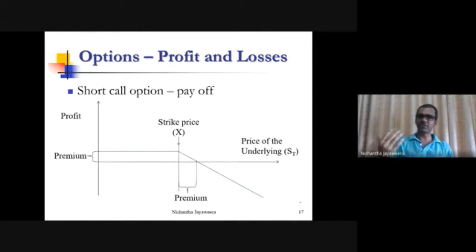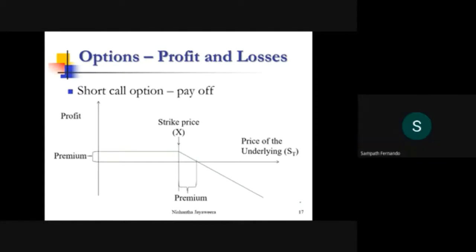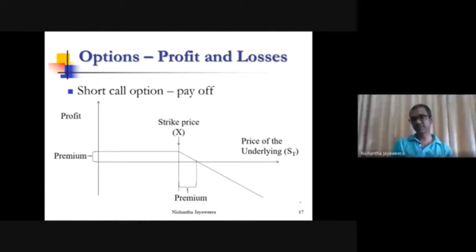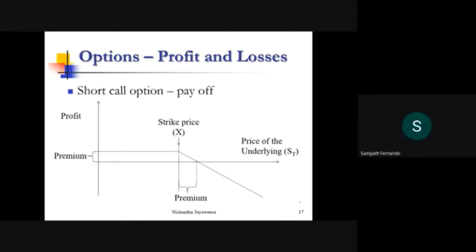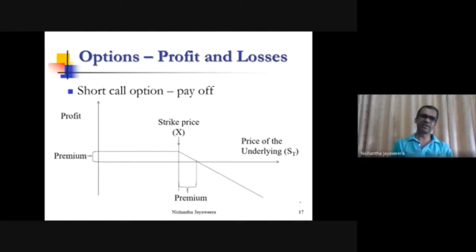What is the maximum profit for the seller? Premium. It's only the premium. What he gets, whatever the premium, that's it. So premium is the maximum profit.